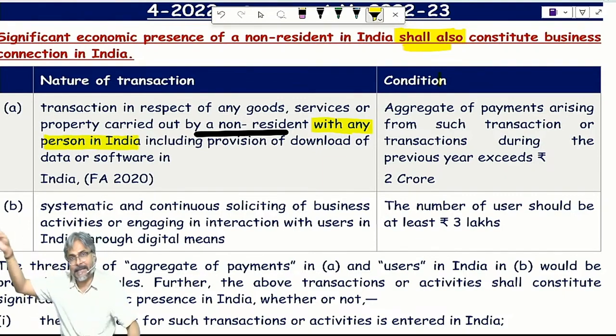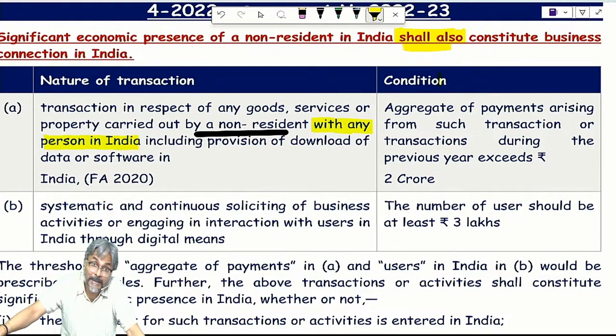If the delivery address happens to be in India, in this case, it will be considered as a supply of goods or services in India. Is that point clear to all of you students? So address is what is required, not that the person should be a non-resident or a resident. That is absolutely not considered. So please be careful when you employ the language in your answer, because you will have to write the answer.